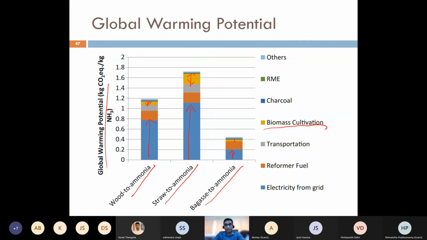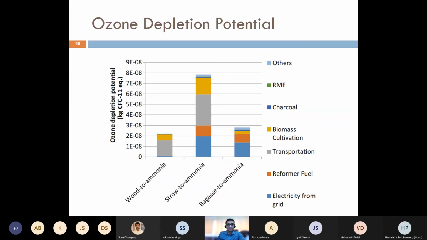Now, straw is an end product which doesn't have much value, so if you see the allocation, it would not have much value, but you can see there are so many emissions associated with the cultivation of straw. So the same process would have very different emissions when you use different biomasses in different countries. This is one takeaway that I want to bring in.